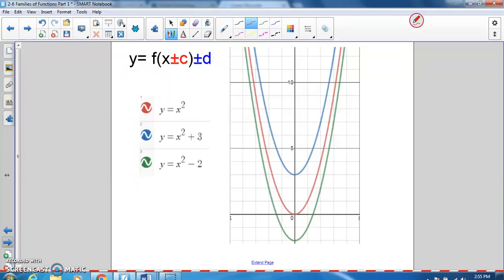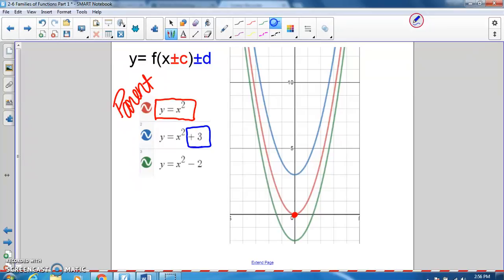Here we have a graph of three functions. We have the red, which is our parent function, because there has been no transformation to it, and it is y is equal to x squared. So then we have a parabola. Our vertex of this parabola is at 0, 0. In our blue function, we have this transformation of plus 3 on the outside of our function.